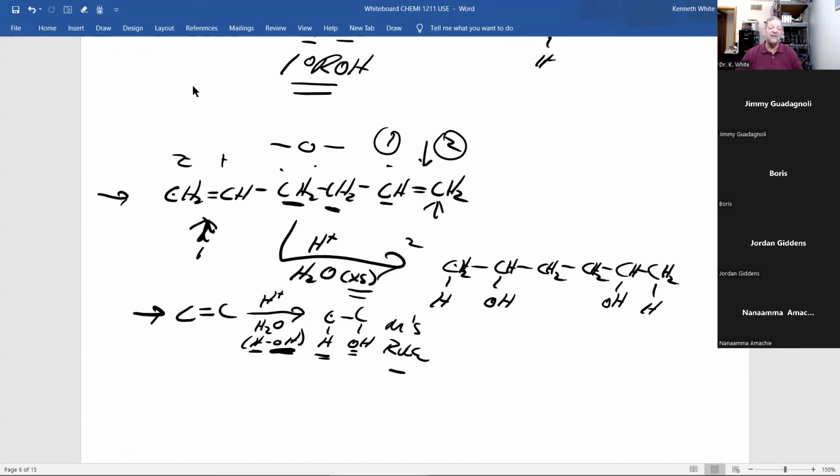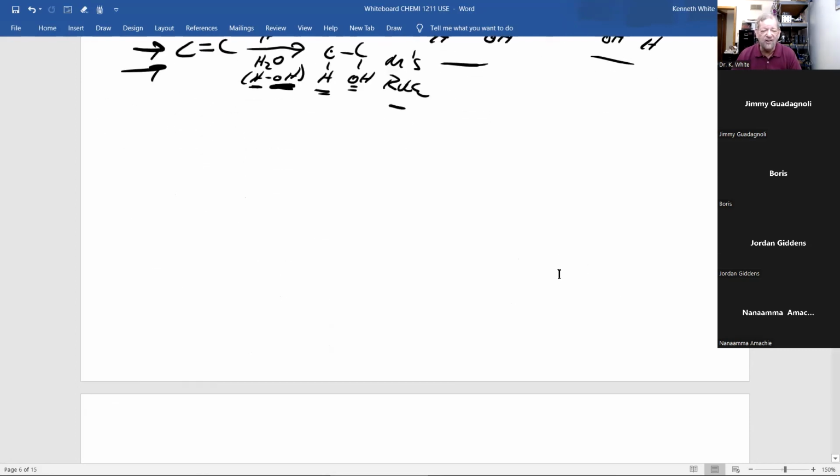And I'm done. So remember, when you have more than one double bond separated like that, each one reacts like it's alone, but it's still in the same molecule. And remember, do you break carbon-carbon single bonds? No.